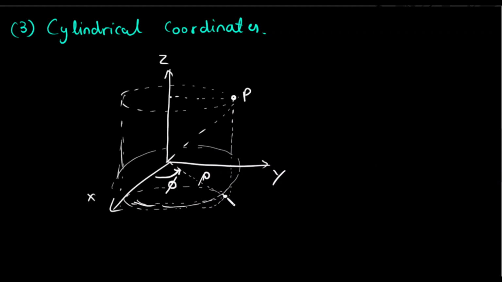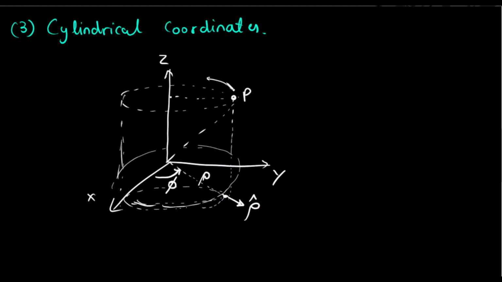Now it is the time to mark the unit vectors. Because the rho is changing, the radius of this cylinder is going to be changed, so we have to use this rho hat unit vector along the rho direction. Now we have seen that the psi is changing because the position is going to be moving towards this direction around the cylinder.